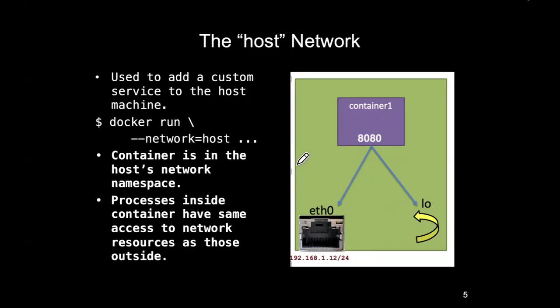There's a slight catch though when you're using Docker Desktop. Just to give you a little bit of history, Docker originally was developed to run on a Linux operating system.